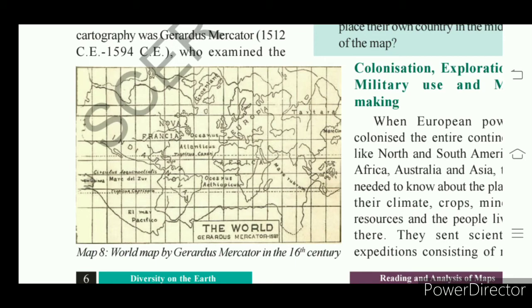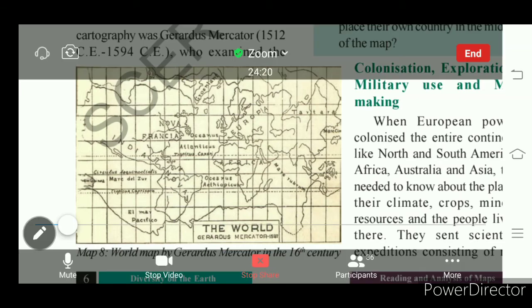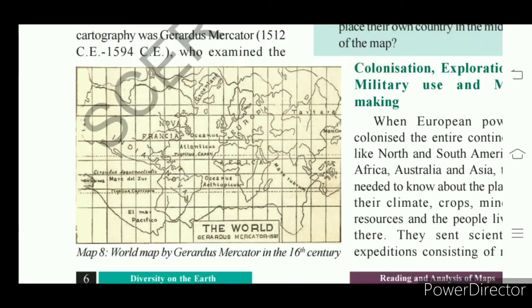So which teams? The teams which went on oceans, in which map makers and scientific expeditioners were present.